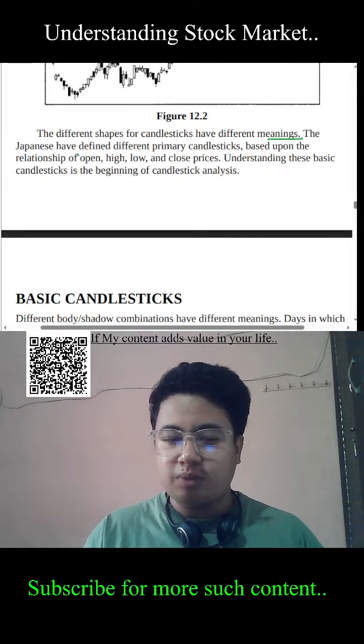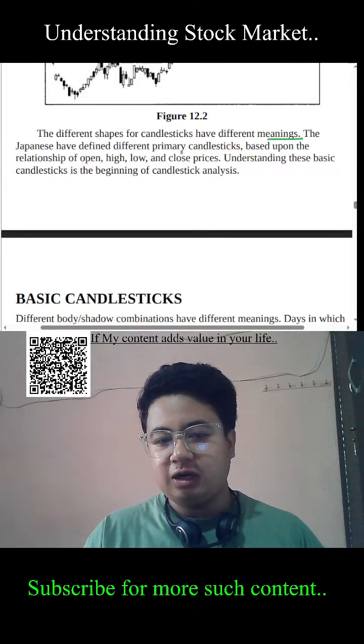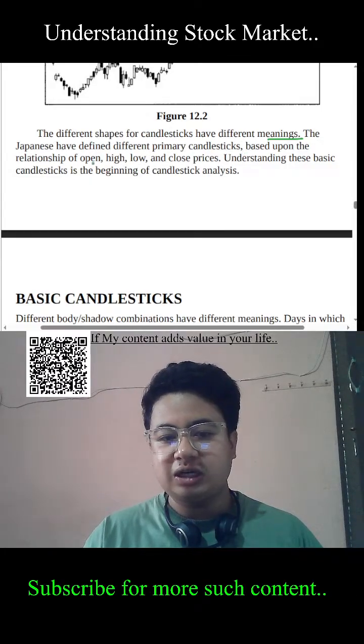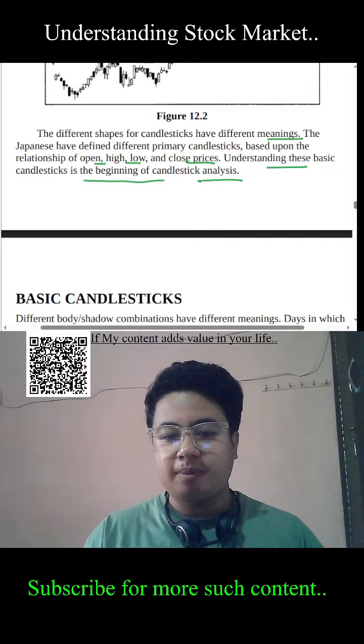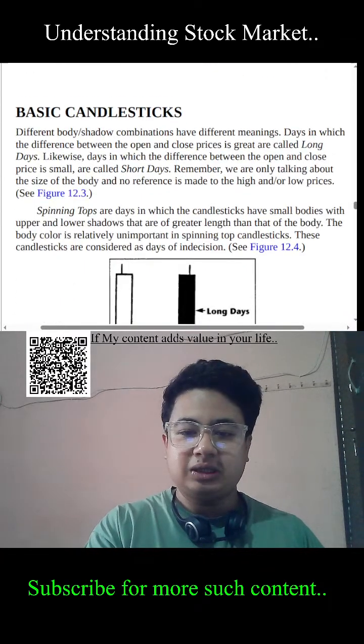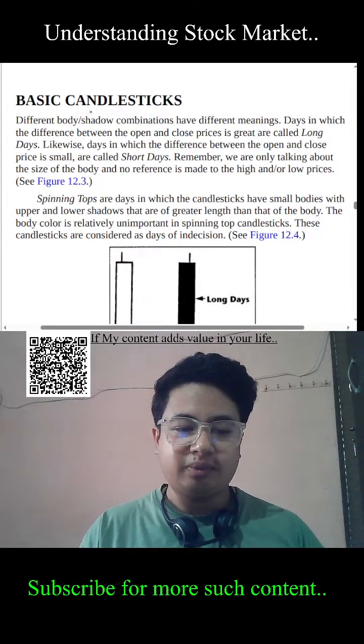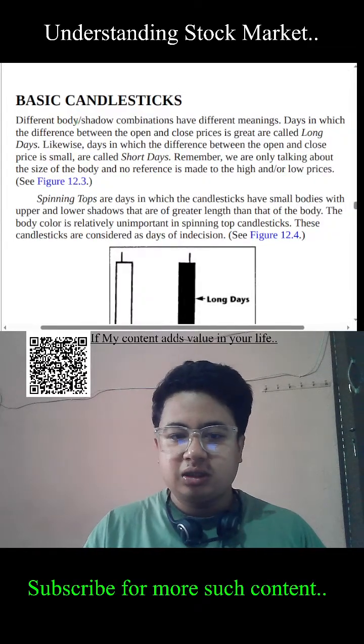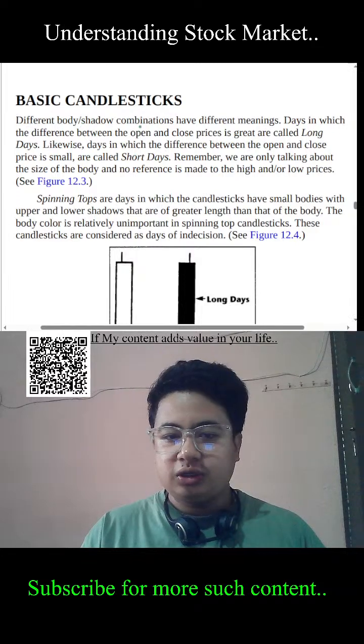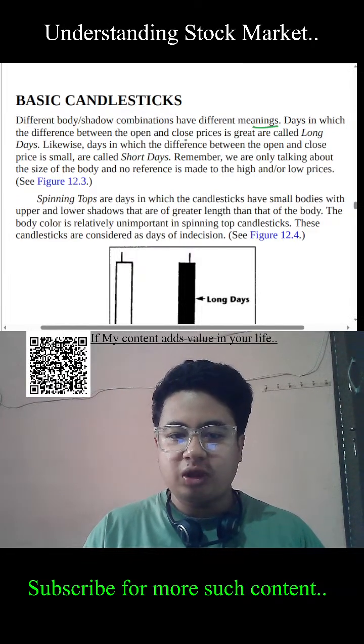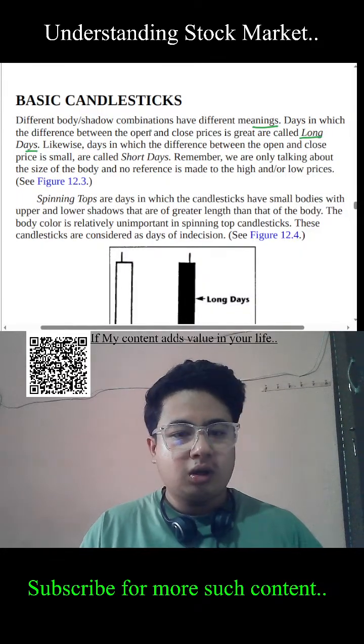Now, this is important. The Japanese have defined different primary candlesticks based upon the relationship of open, high, low, and close prices. Understanding these basic candlesticks is the beginning of candlestick analysis. Now, what are the basic candlesticks? Let's understand. This chapter is very important. Basic candlesticks: different body and shadow combinations have different meanings.